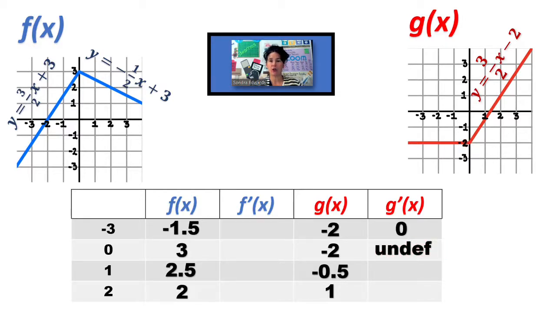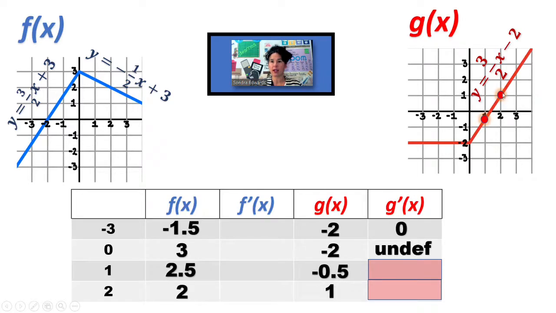Okay, how about the derivative of g at both -0.5 and at 1? So we're going to do those at the same time because both at x equals 1 and x equals 2, my bad, over here.